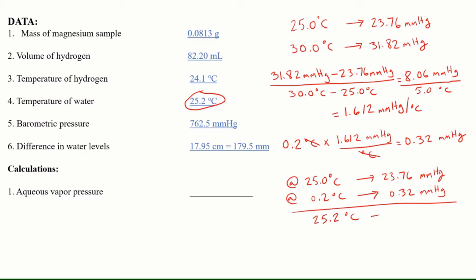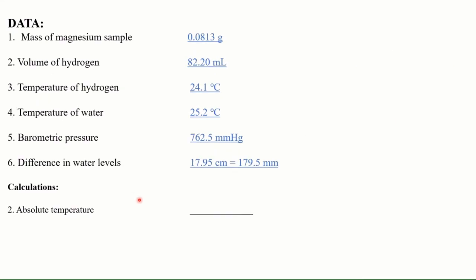The pressure at that temperature will be 23.76 plus 0.32, which will give me a pressure of 24.08 millimeters of mercury.